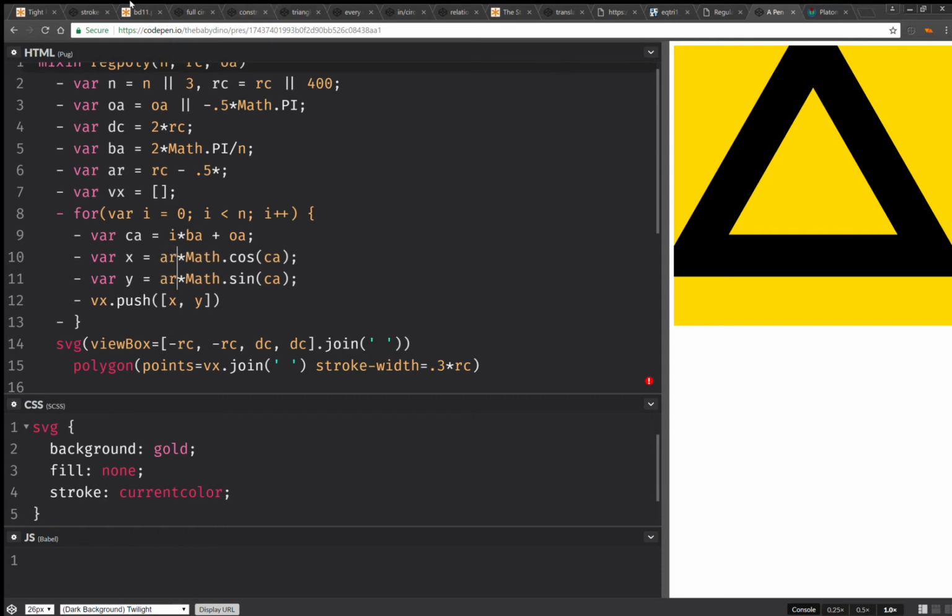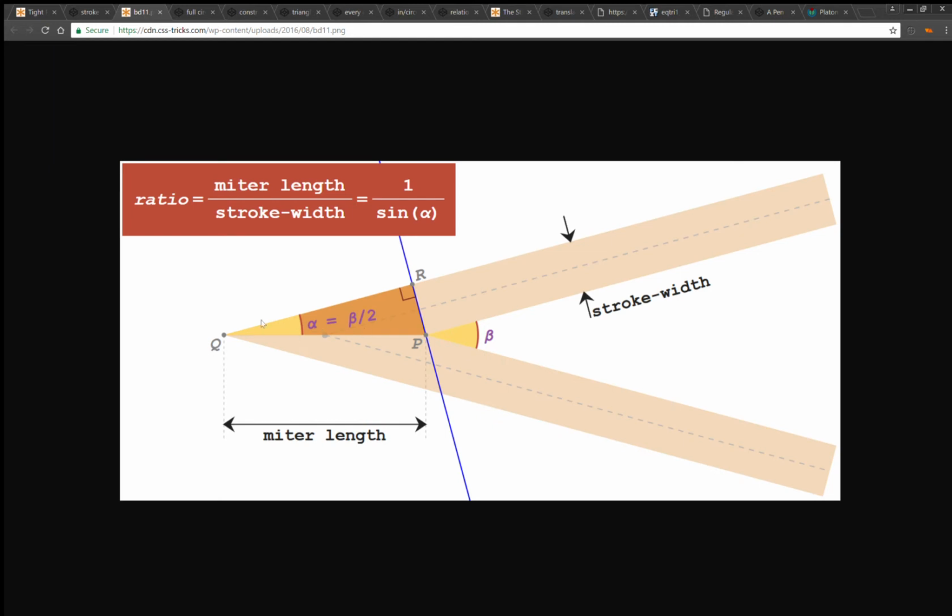Okay, now let's see that value. How much is this PQ? So in this PQR triangle, this angle R is a right angle. So you have a right triangle. PR is the stroke width. This alpha angle is half the angle at the vertex, which we can compute.